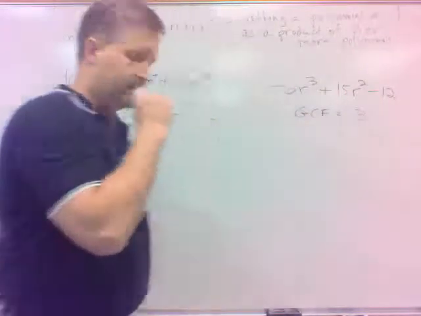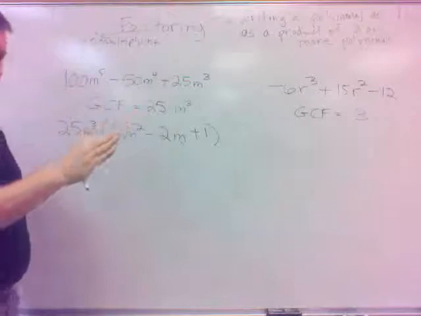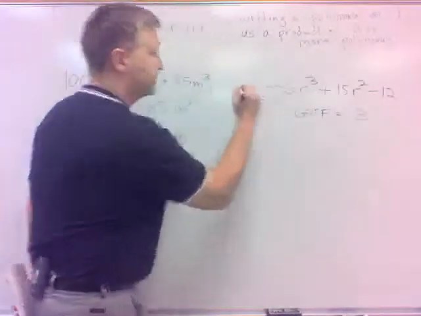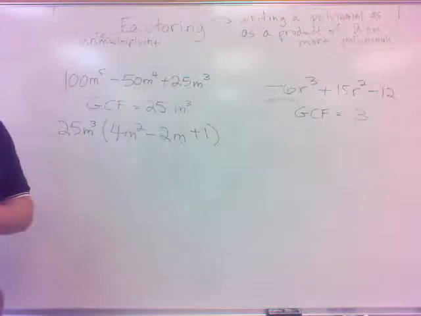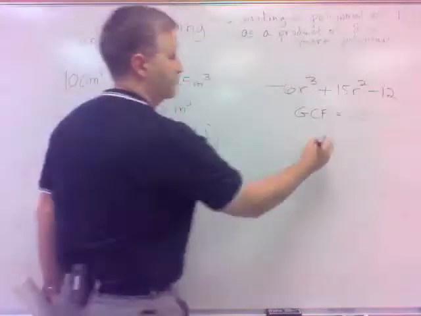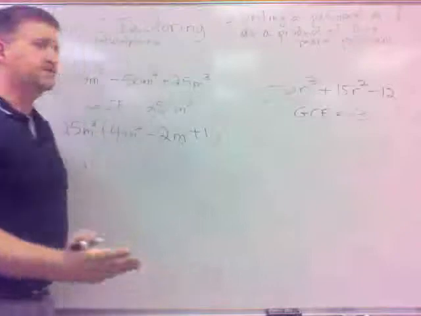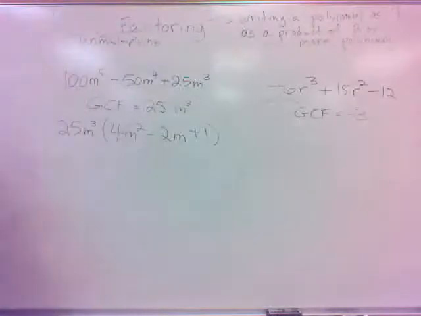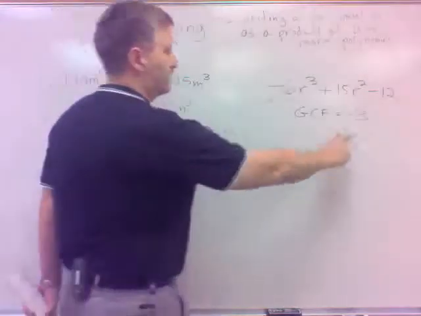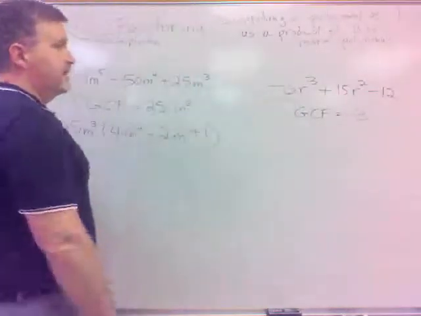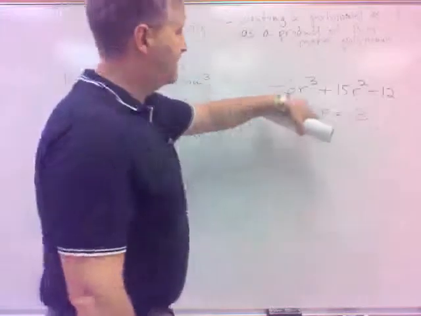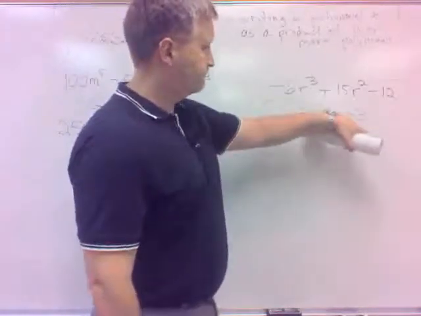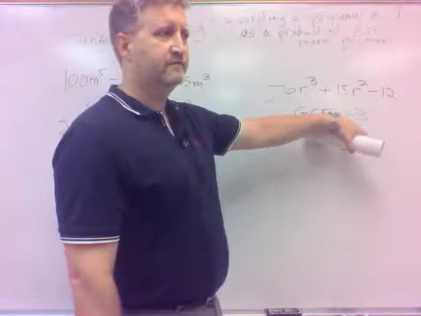Everything's got to have an r to be able to take out an r as the GCF. Now the other thing here, that would be fine if I just did 3. However, because this first term is negative, my strong suggestion is let's also take out a negative for the GCF as well. Different reasons for doing that. Like I said, it's not wrong if you don't, but I would strongly recommend it for later purposes anyway. So, since this first term is negative, the largest power term, I'm going to do a GCF that's negative.